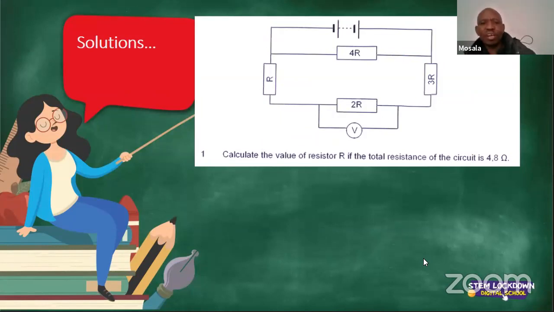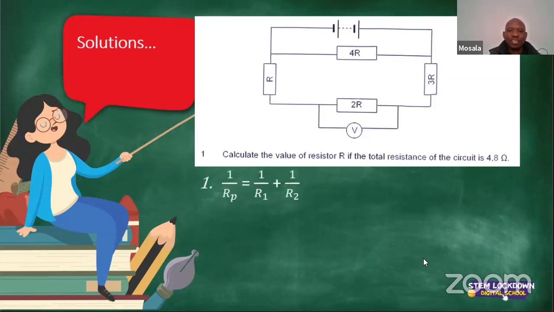All right, the first one was to calculate the value of resistor R if the total resistance of the circuit is 4,8 ohms. The first thing we look at is that this 4R resistor and these 3 resistors are in parallel with each other.